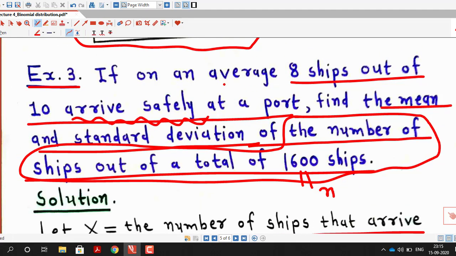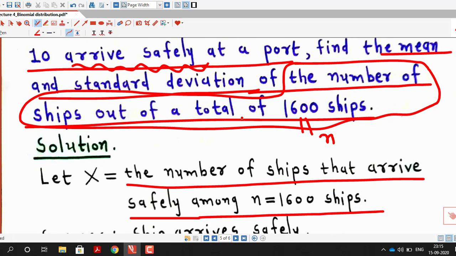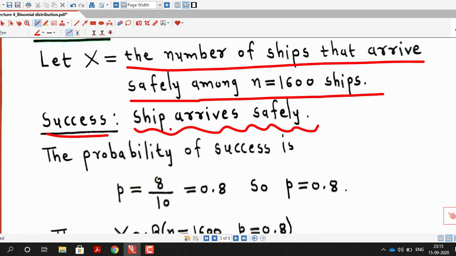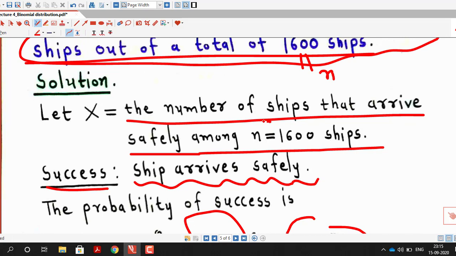Now it is given that on an average 8 ships out of 10 arrive safely at a port. So the probability of success is 8 divided by 10, that is 0.8. So p is 0.8. And the number of trials is n equal to 1600.